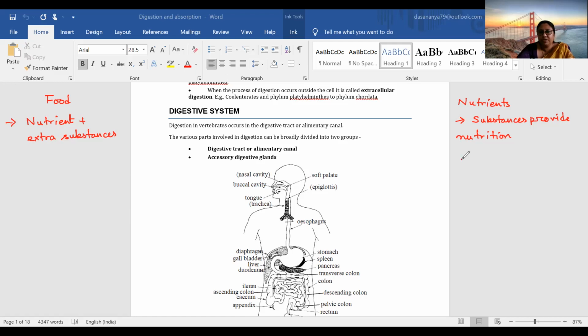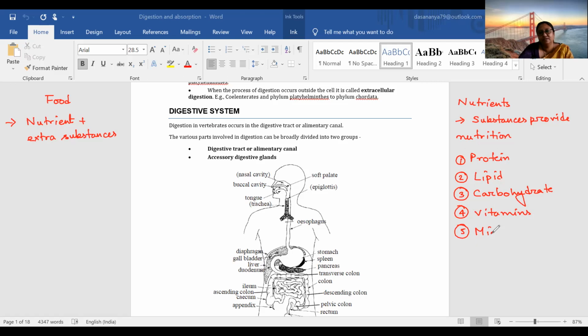So what are nutrients? Nutrients will include protein, lipid, carbohydrate. Is that all? Anything you can suggest? Vitamins. Very good. Then the list continues.